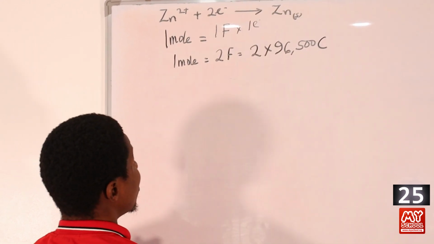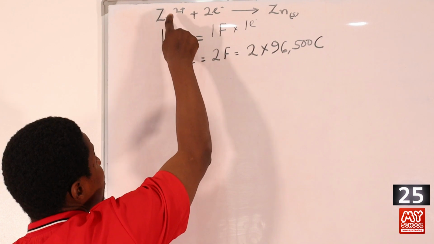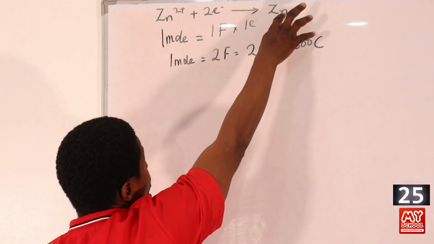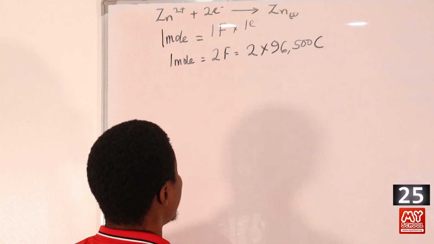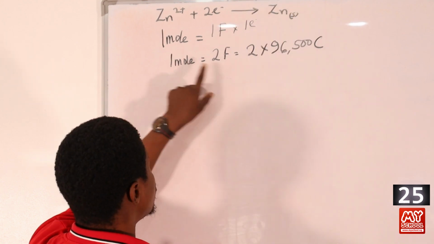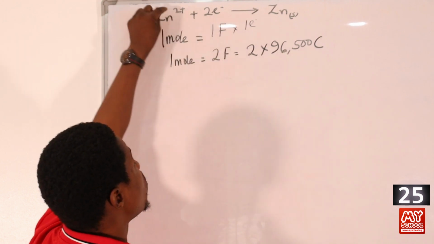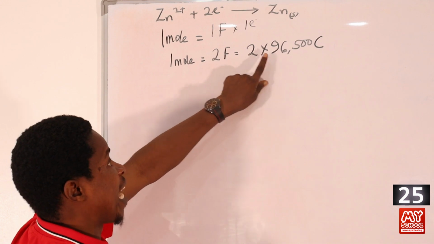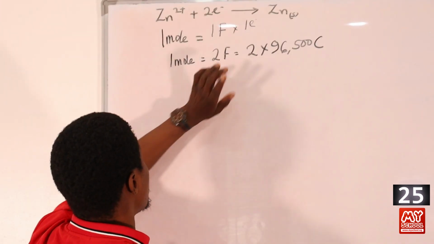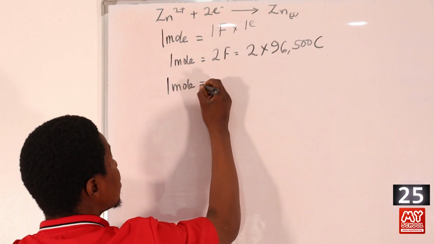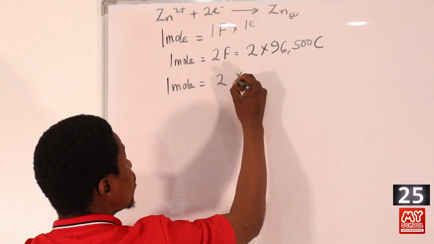That's what it should be, because the zinc ion is going to gain 2 electrons to become zinc. So we have 1 mole equal to 2 times 96,500. If it were aluminium, Al3+, it would have been 3 times 96,500.